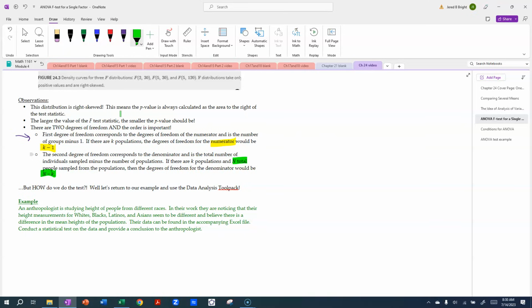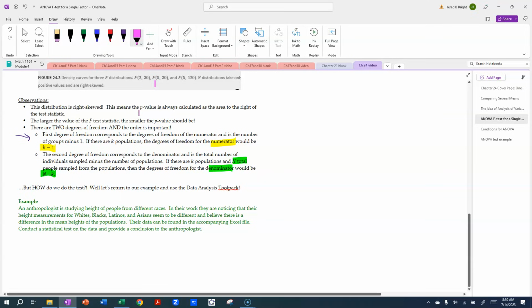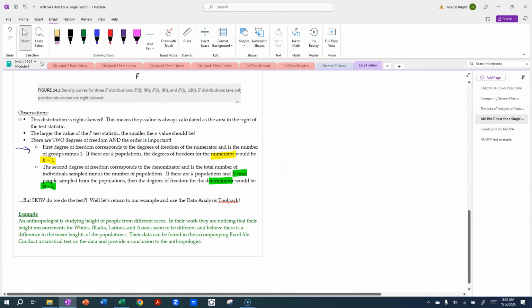So the second is going to be n minus k. In this first one here, if we look at F of 2, 30, that means there's two groups, and then there would have been 32 individuals sampled, if you go backwards.